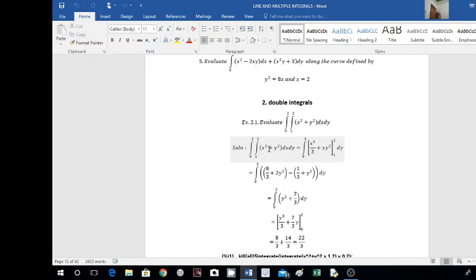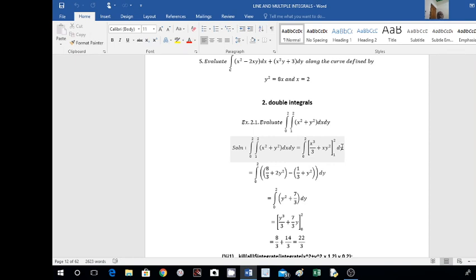Now integrating this, first term is x square. X square integration is x cube by 3, plus y square is a constant, therefore y square integration is y square into x. This is between 1 and 2, into dy.